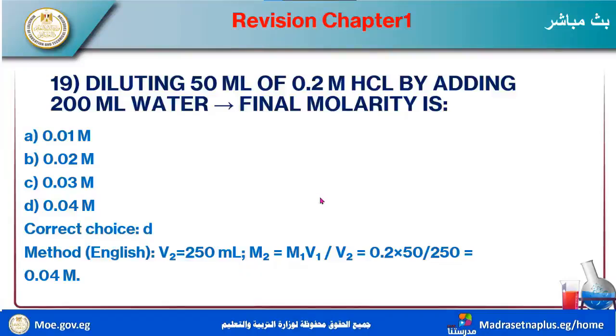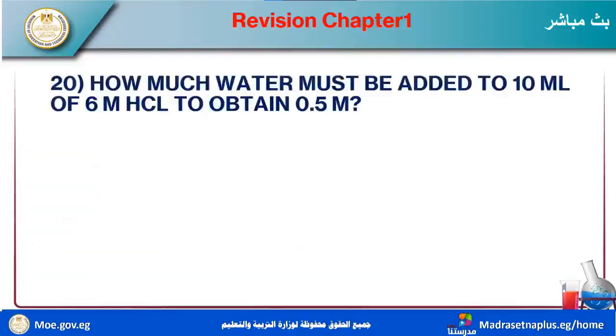The answer is D. I told you before, you must memorize the law to help you solve any problems. How much water must be added to 10 mL of 6 molar HCl to obtain 0.5 molar?